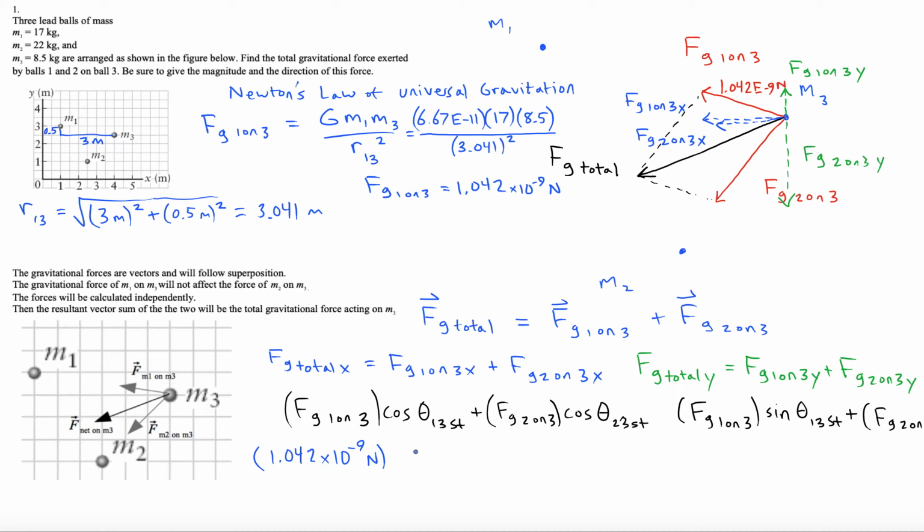All right, we also need to know the angle of that vector in standard position. Now for that, we can use the reference angle formula. We'll do the arctan of 0.5 over 3, because we're using this triangle here.